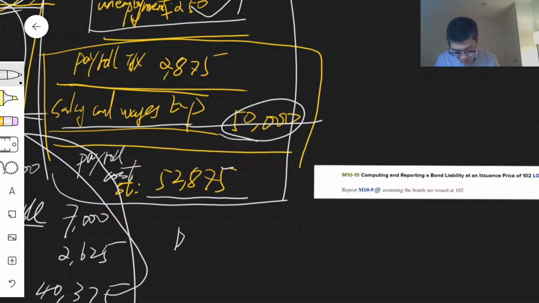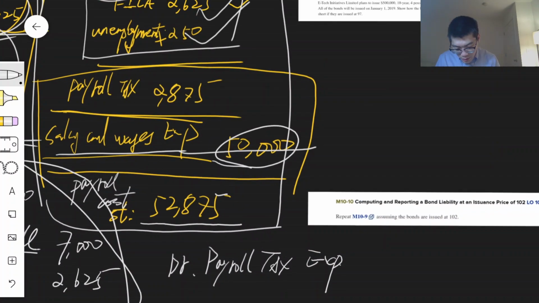We are going to debit an expense called payroll tax expense. In total, that is $2,875.